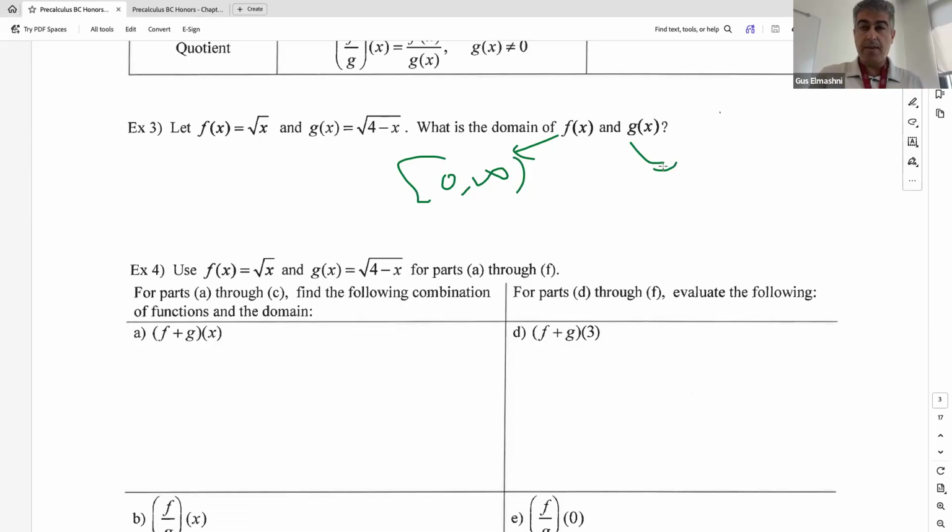And here, that's going to be from -infinity to 4. Okay. If you're adding the two functions, that's easy. If you're plugging 3 into it, what would you say for that one?